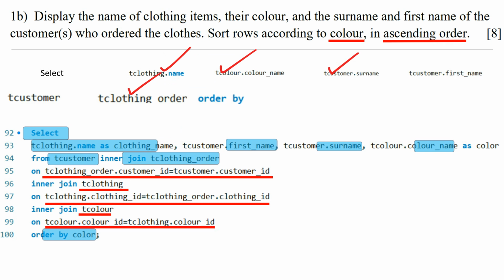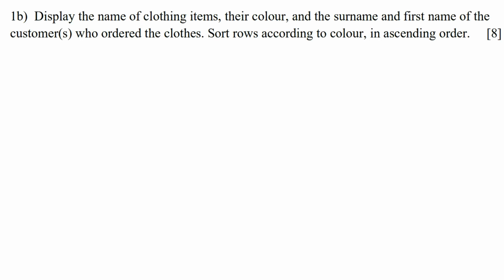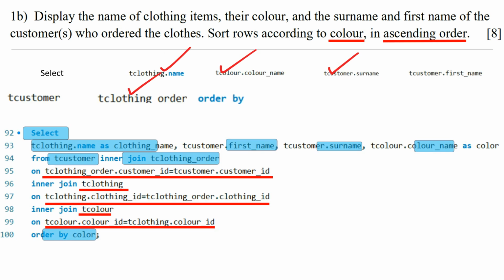Then we sort by color. That's order by color. Then we were supposed to have ASC. I forgot to put ASC over there. It's supposed to have ASC.